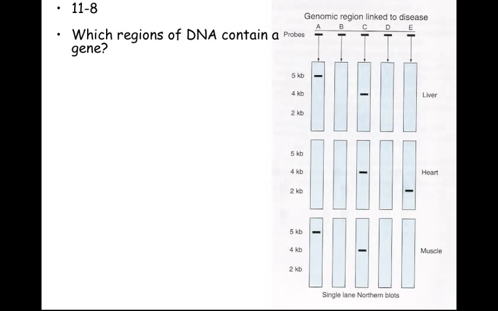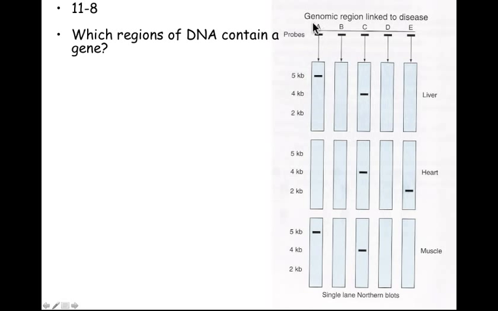Just to ask some questions to make sure that everybody understands how this works. Which regions contain a gene? We have these genomic regions A, B, C, D, and E. Well, the only evidence we can really get from this particular experiment that there is a gene there is the fact that you can detect a messenger RNA.